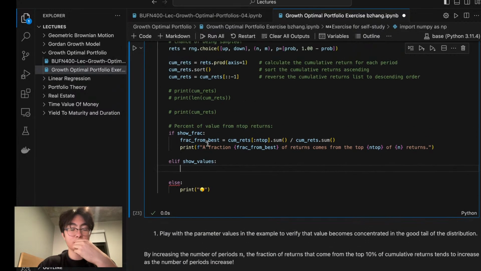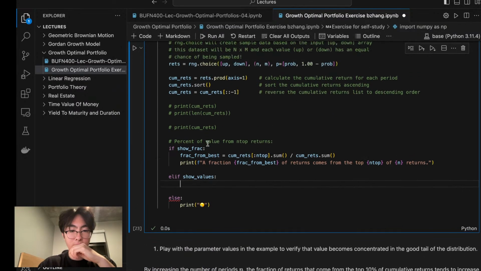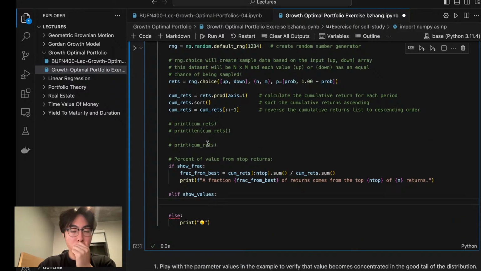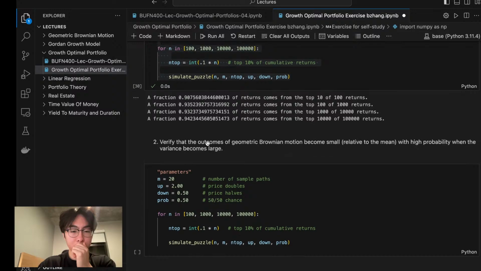So cumulative returns. Verify that the outcomes of geometric Brownian motion become small relative to the mean with high probability when the variance becomes large.